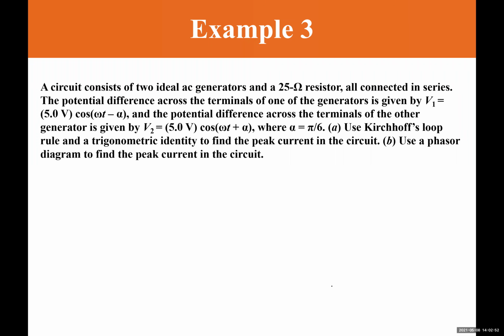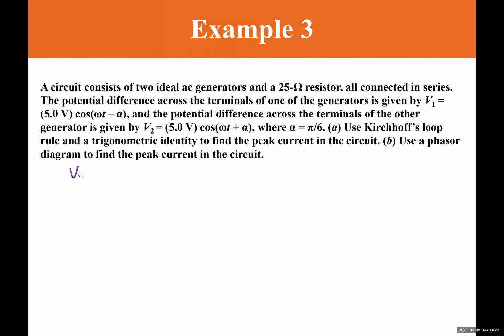So basically, we first use the mathematical approach to find the peak current, and then the graphical approach using phasor diagrams. The mathematical approach uses a trigonometric identity, because you have two sinusoidal voltages.